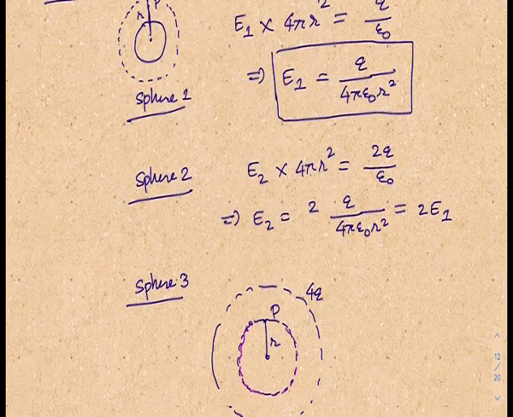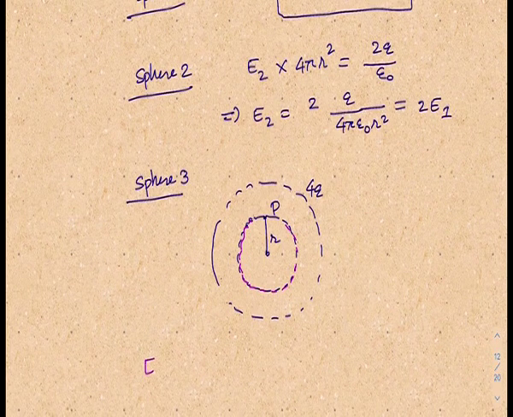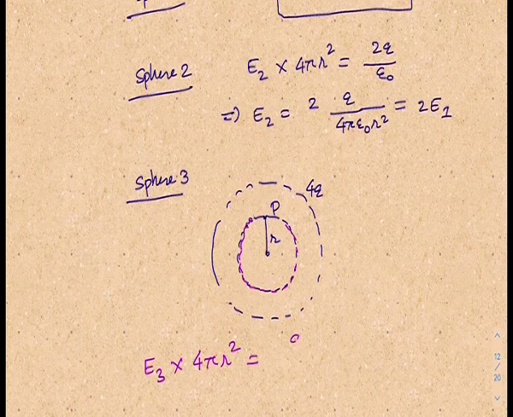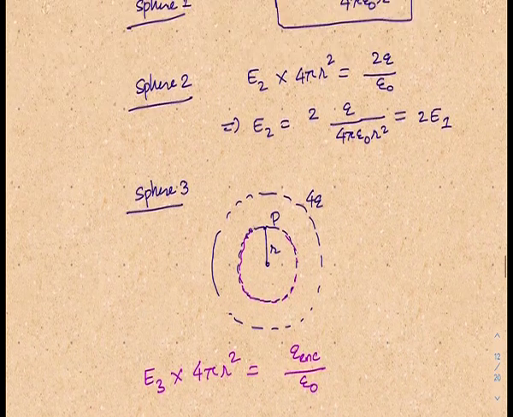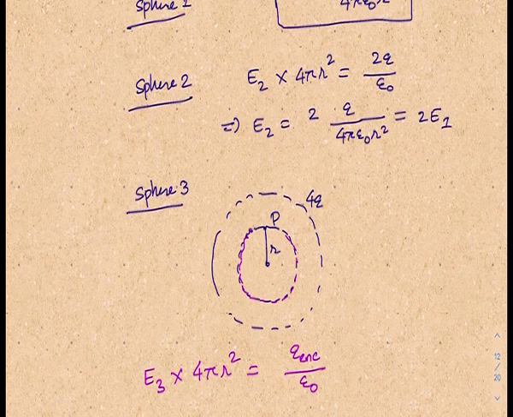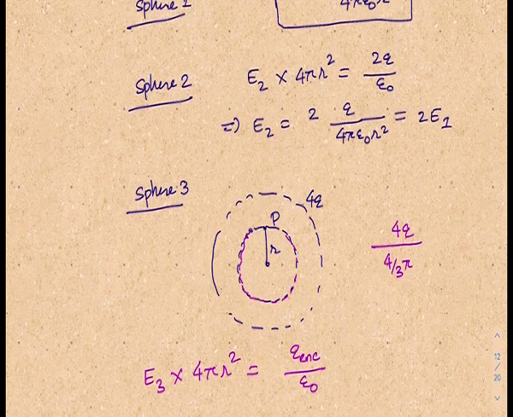That would be electric field into 4 pi r square, and you have to find the charge enclosed here. Since it is uniformly distributed, the charge per unit volume in the whole solid sphere would be 4q divided by 4 by 3 pi, radius cubed, where the radius is 2r, so (2r) cube.